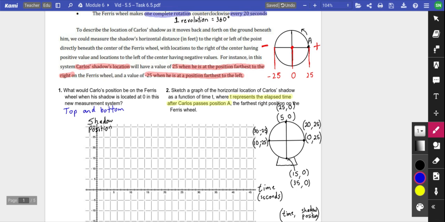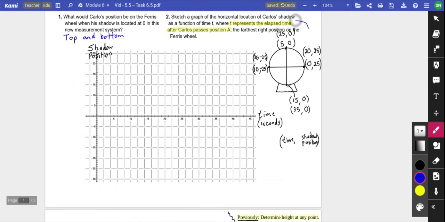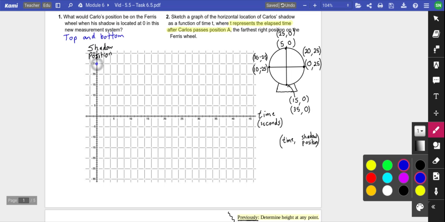Number 2, we are supposed to sketch the information that we obtain right here on the Ferris wheel. Again, the x-axis is time. The y-axis is the shadow position. We will start with 0, 25. The next one is 5, 0.